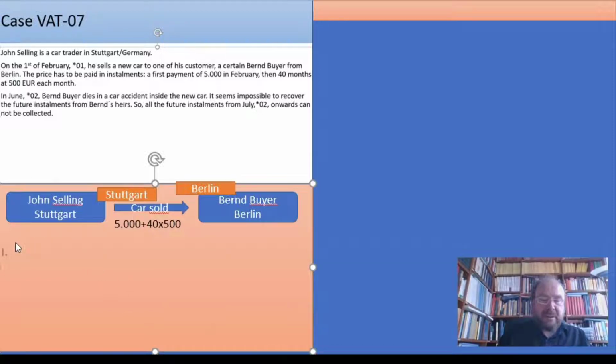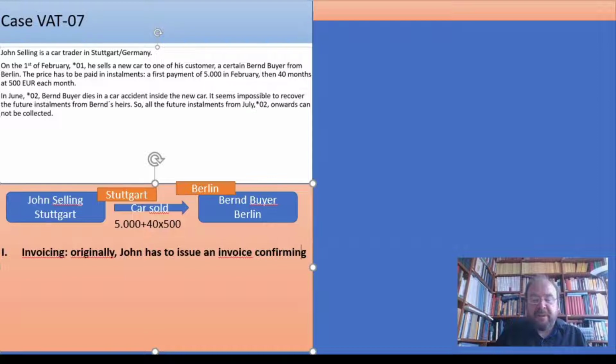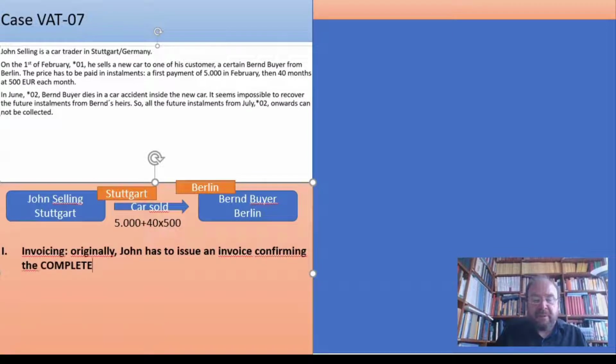Now let's think about invoicing details. Originally, John has to issue an invoice confirming the complete price and the complete VAT contained in the price in February 01. It does not matter if the amount has already been paid.